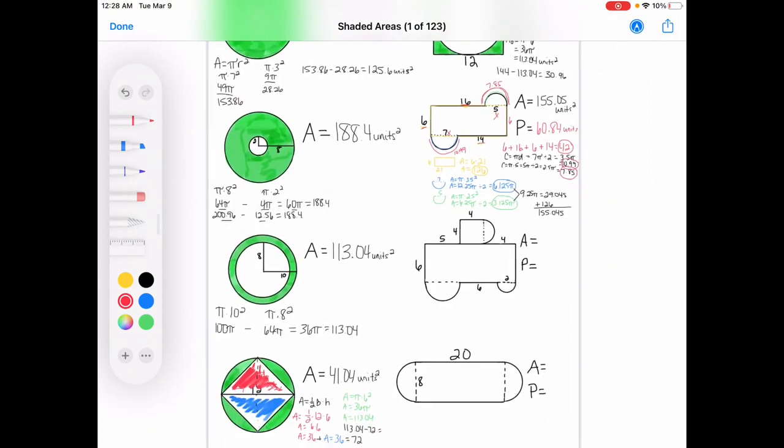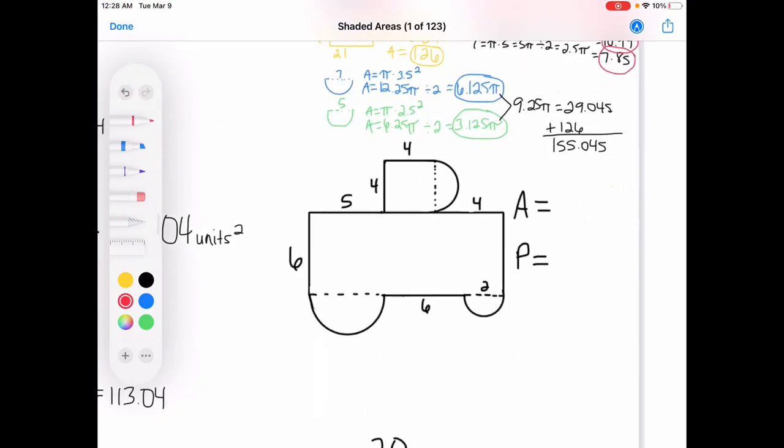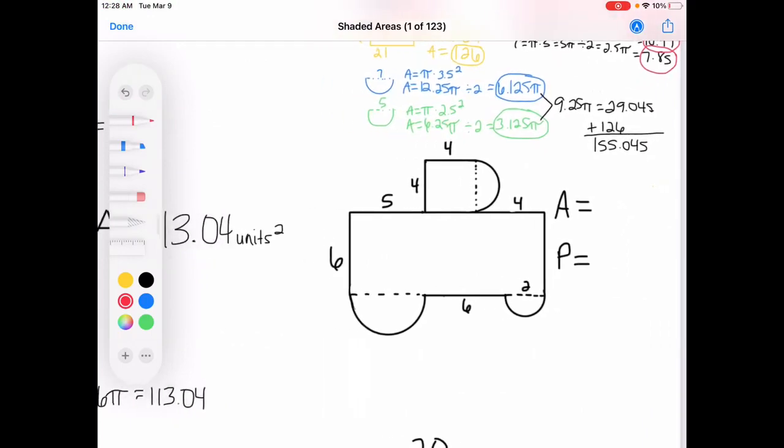Okay, so we have another shape which has more parts, but the process does not change. So I want to think about what shapes I can break it down into. So I know here I have a rectangle. And then I have a square.